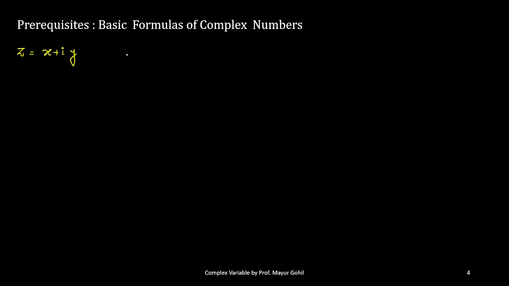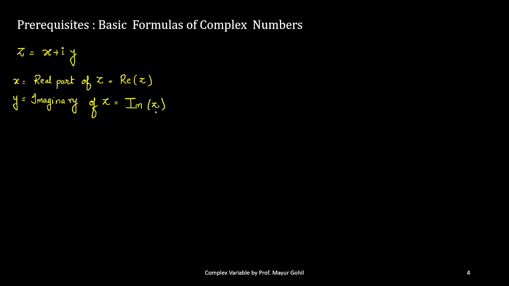Having known this, I'll just write here x is called the real part of z. It is denoted by Re of z, and y is the imaginary part of z, which is known as Im of z.